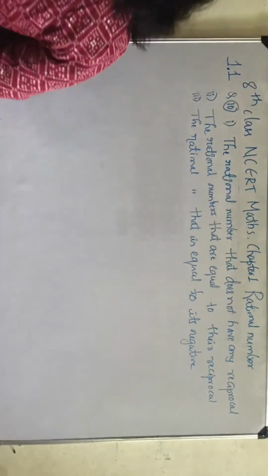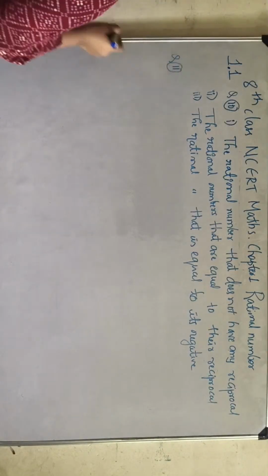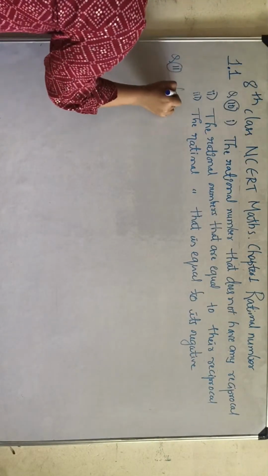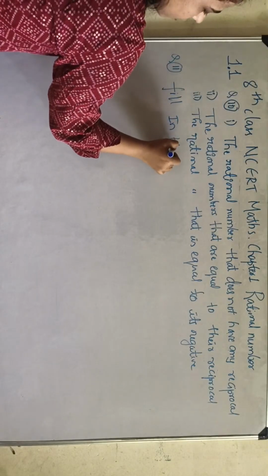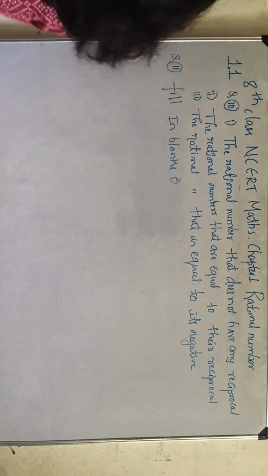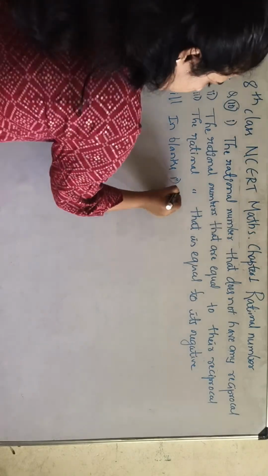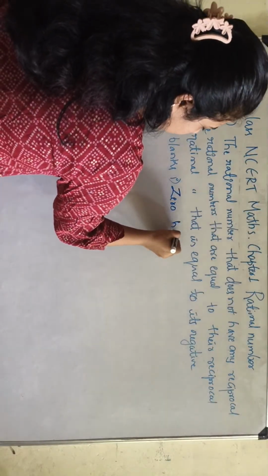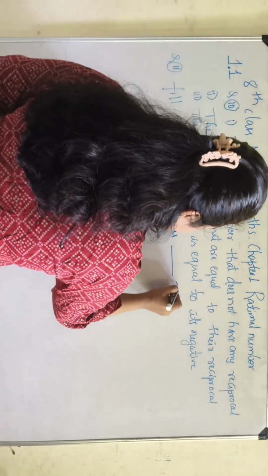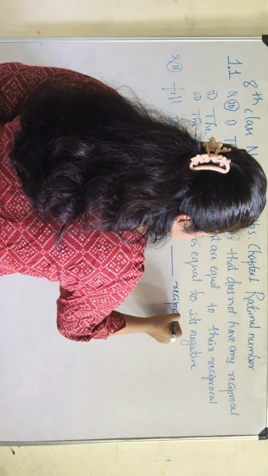Okay, and question 11 also I will write here only. It is fill in the blanks. Take down the questions one by one. The first one: 0 has what? Dash reciprocal.